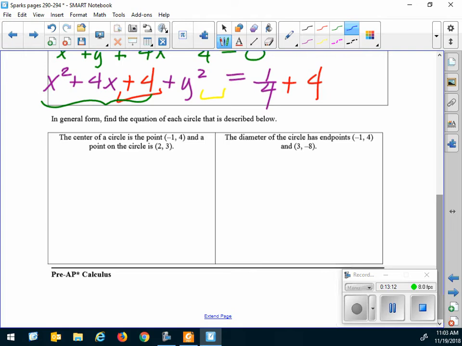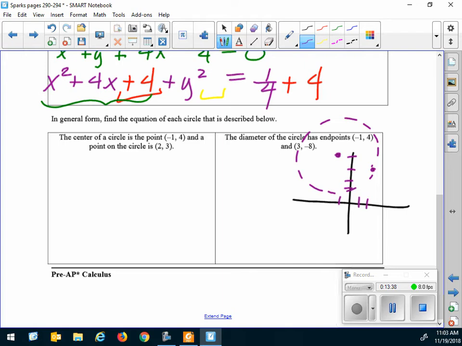So what I would do is I'd just go over to the side somewhere and plot negative 1, 4 and then the point 2, 3. So I've got this circle that goes sort of like that, and I'm not exactly sure how, but you got the idea, right?